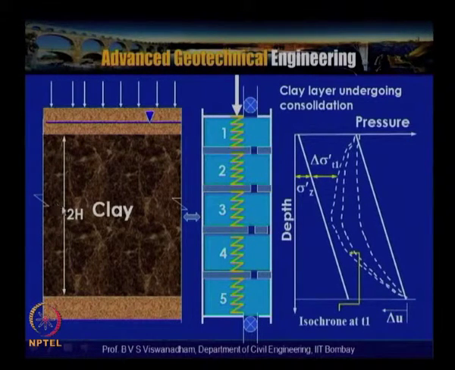This is indicated by a spring analogy with multiple springs connected in series, wherein springs 1, 2, 3, 4, 5 are placed like this, and each compartment is connected. Suppose both the layers are sand layers, then both the walls are open simultaneously. If you have a rock layer, an impervious layer at the base, then this wall will be kept closed, and the water will have to escape through this upper wall only.